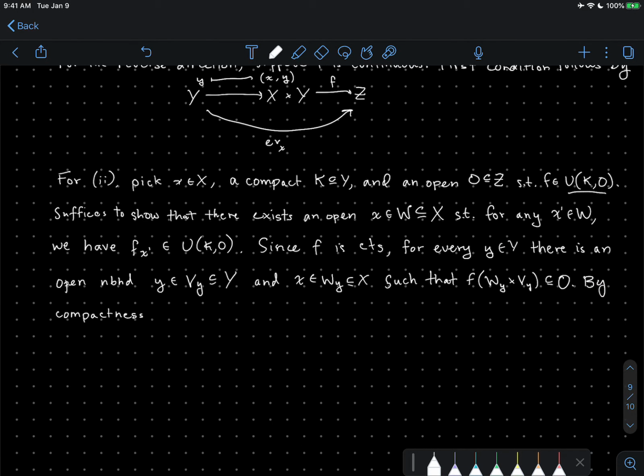So by compactness, we can write K as a subset of V sub y1 union so forth up to V sub yn for some finite n.